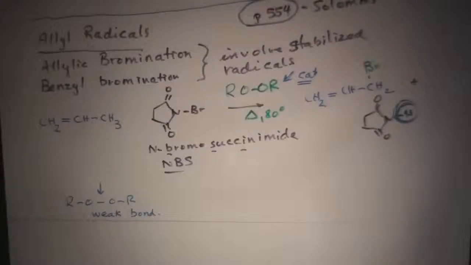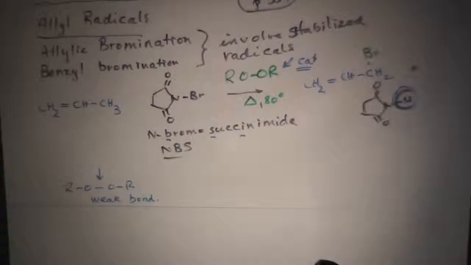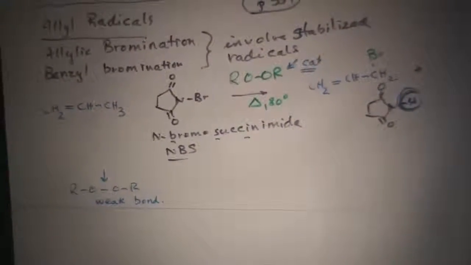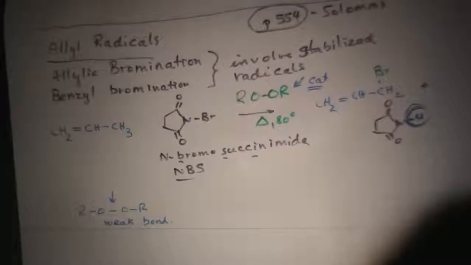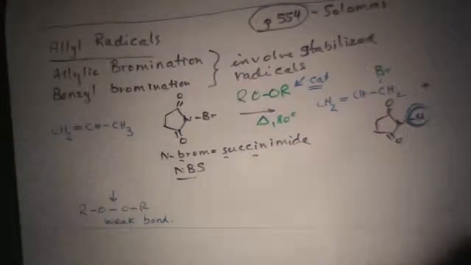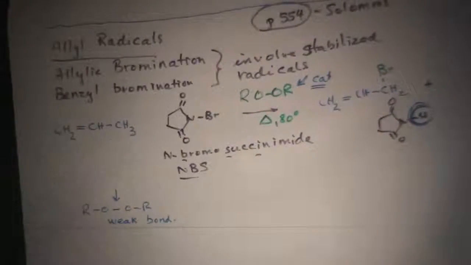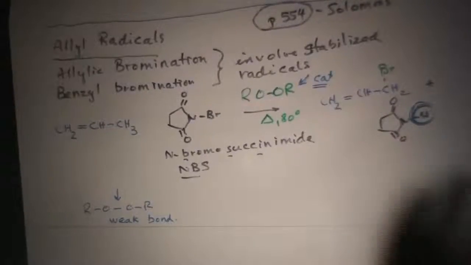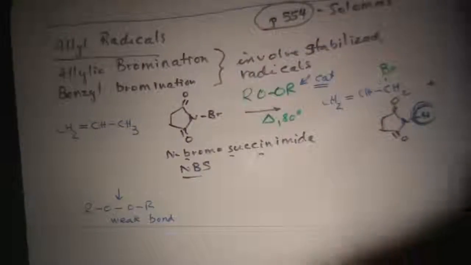And I'd like you to be able to recognize why this is a weak bond and what other bonds are similarly weak. A weak bond means that it's thermally easily broken apart. 80 degrees is not a high temperature. To break a CH bond or a carbon-carbon bond, you need at least 300, 400, 500 degrees. This one is 80, and there are some even less.